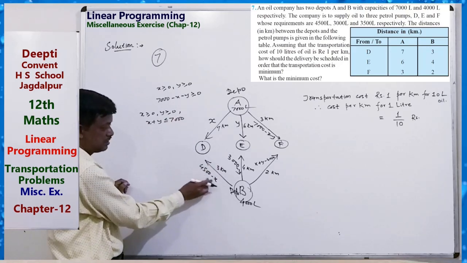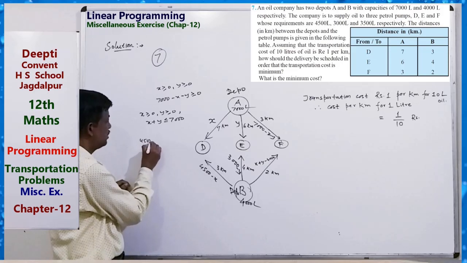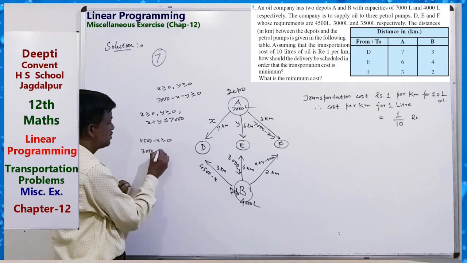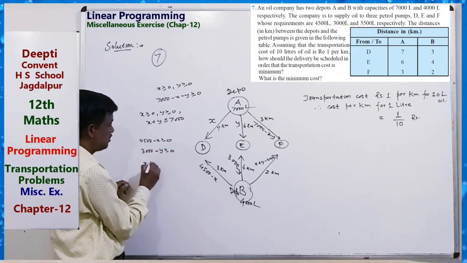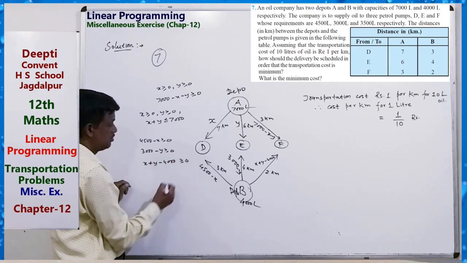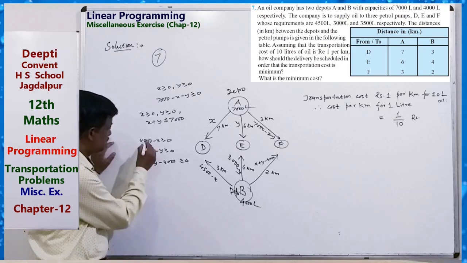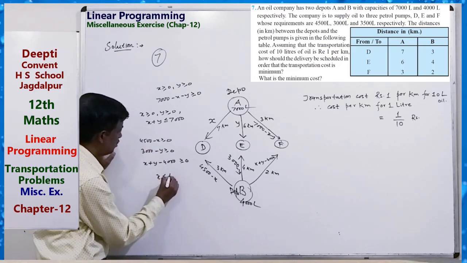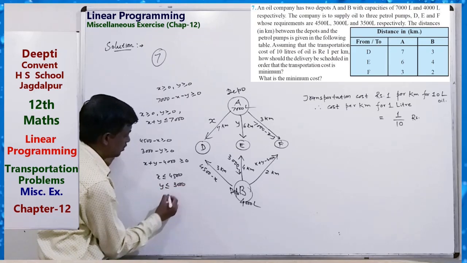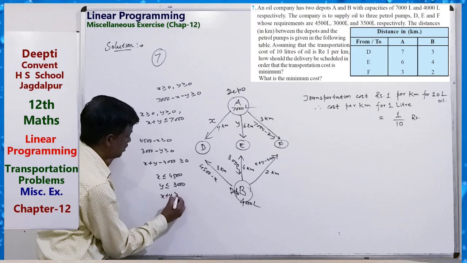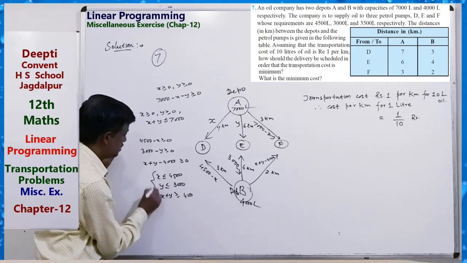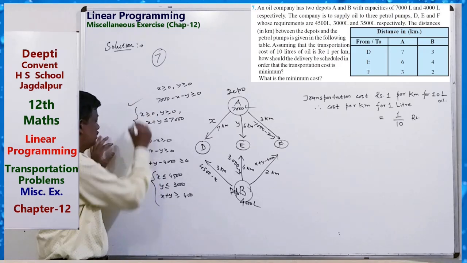Similarly, second: 4500 minus x is greater than or equal to 0, 3000 minus y is greater than or equal to 0, and x plus y minus 4000 is greater than or equal to 0. So x is less than or equal to 4500, y is less than or equal to 3000, and x plus y is greater than or equal to 4000.